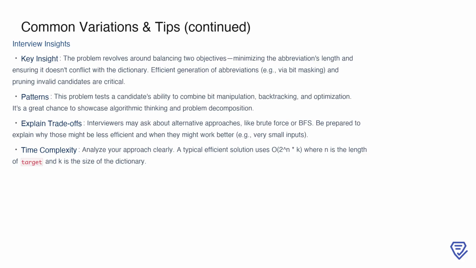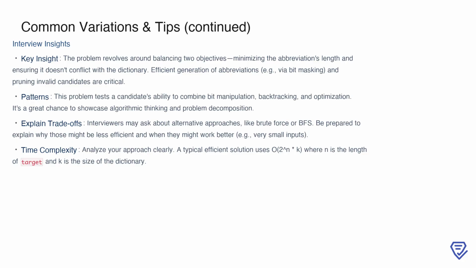This problem is also a great showcase of algorithmic thinking, as it combines techniques like bit manipulation, backtracking, and optimization. Interviewers may ask about trade-offs between approaches. For instance, while brute force or BFS might work for small inputs, they are less efficient for larger cases, and you should be ready to explain why more optimized methods are preferable.